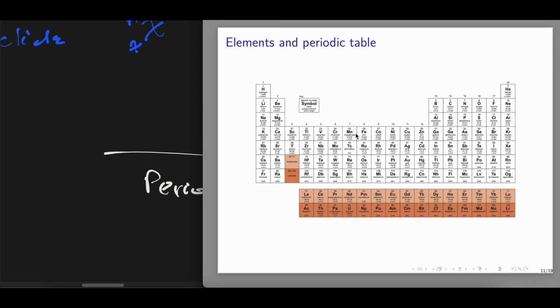And also we can see that this periodic table is characterized by horizontal lines and vertical lines.